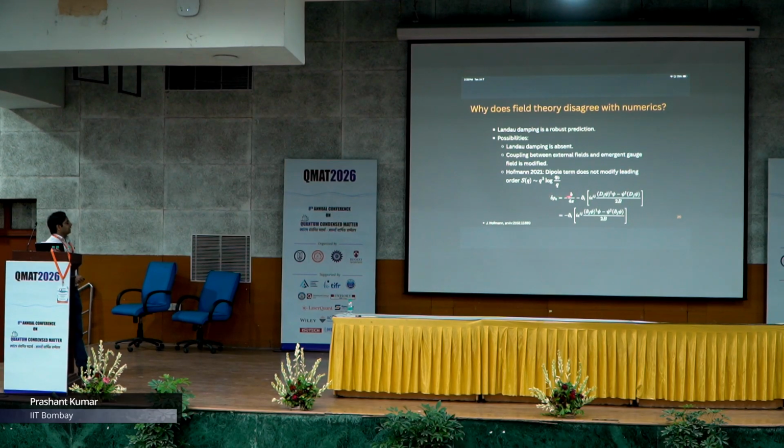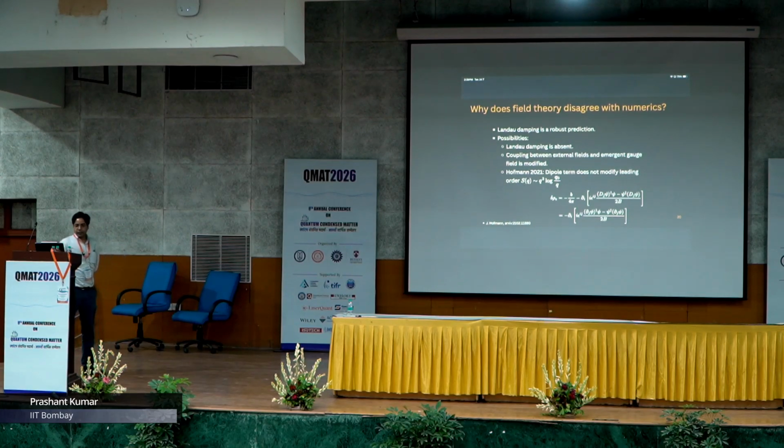So ultimately the electron density operator becomes completely independent of the emergent gauge field. But even with that, it has been shown in 2021 that Landau damping is not modified. You are still supposed to get q cube log q naught over q. So I think it is less likely that the coupling is getting modified.